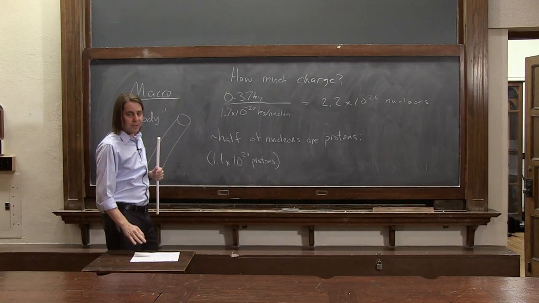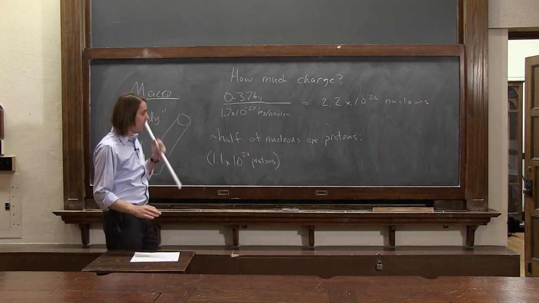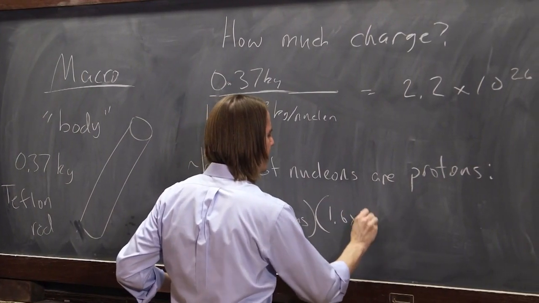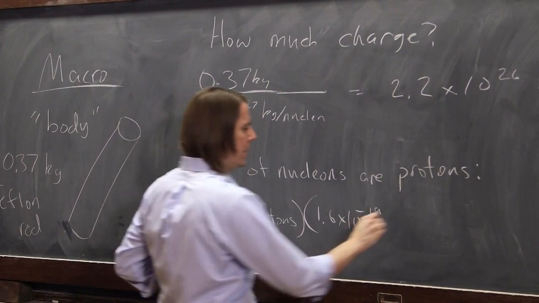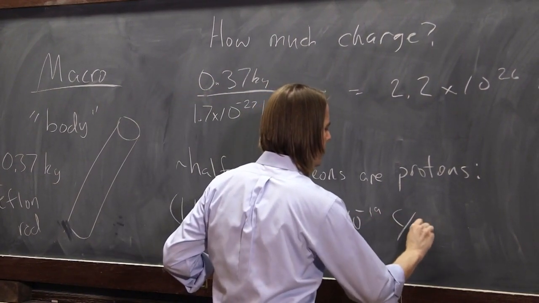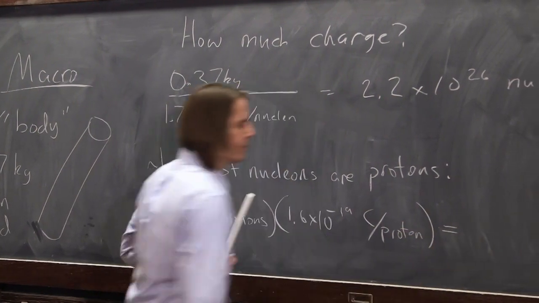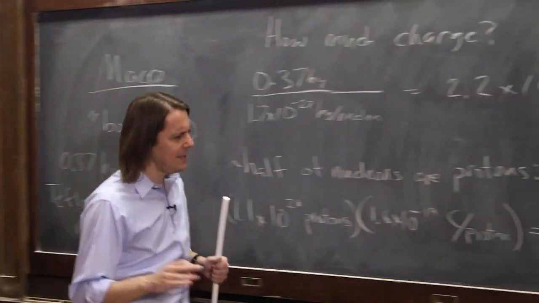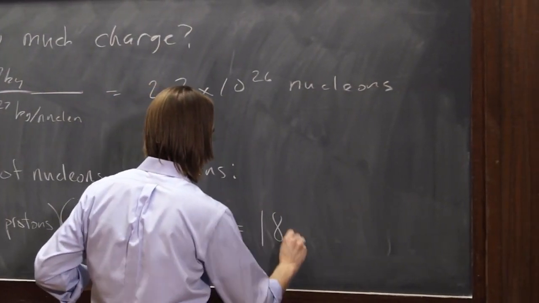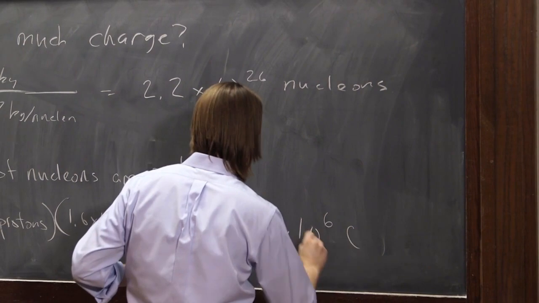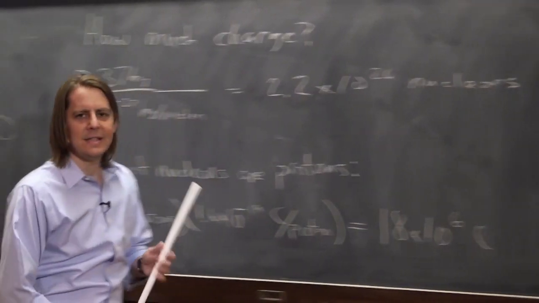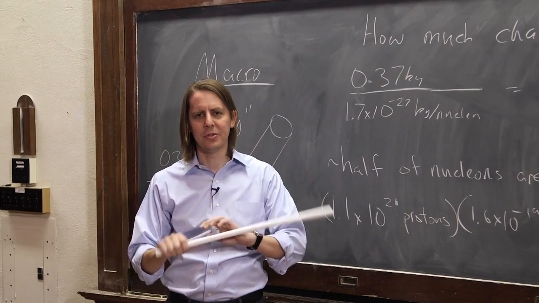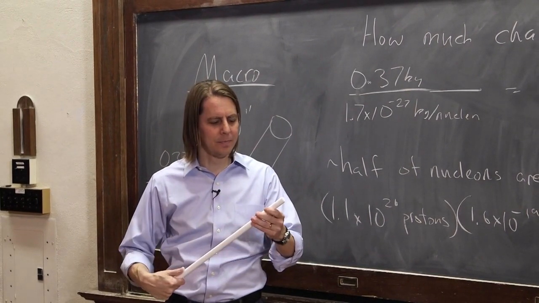And if that's true, now we can figure out the charge because each one has a charge of 1.6 times 10 to the minus 19 coulombs per proton. Okay? So if you multiply those two, you end up with 18 times 10 to the 6 coulombs. That's 18 million coulombs. There are 18 million coulombs of positive charge in this macroscopic Teflon rod.